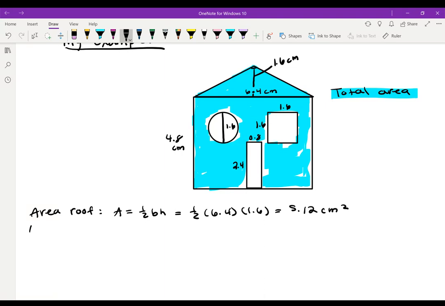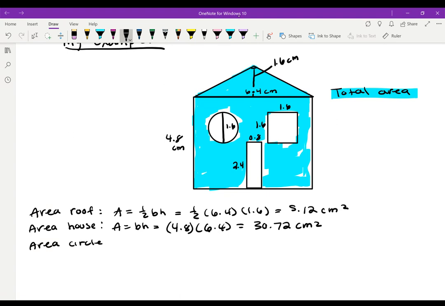Okay. The area of the house, so that rectangle shape, is area equals base times height, which is 4.8 times 6.4. So 30.72 centimeters squared.